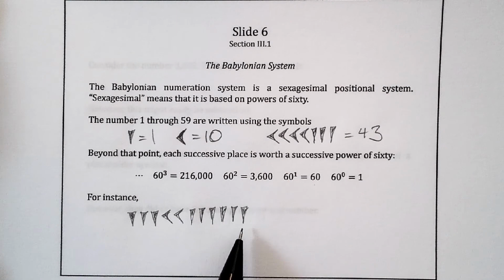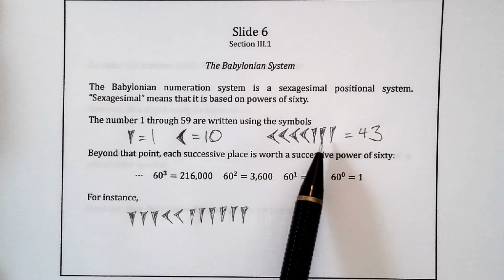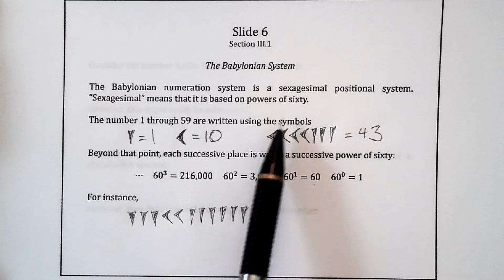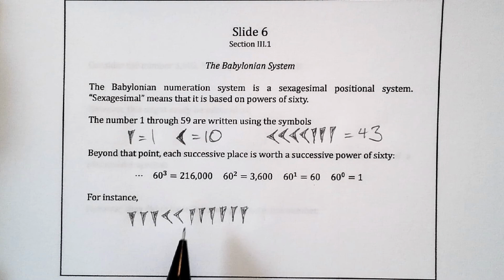Well, the first thing I need to do is identify what is in what place. And typically I would start in the ones place. And here's the pattern to look for. Within each place value, you're going to have a pattern of crescents to the left and wedges to the right, like this 43. The crescents and the wedges. So what I'm looking for here is that kind of pattern.